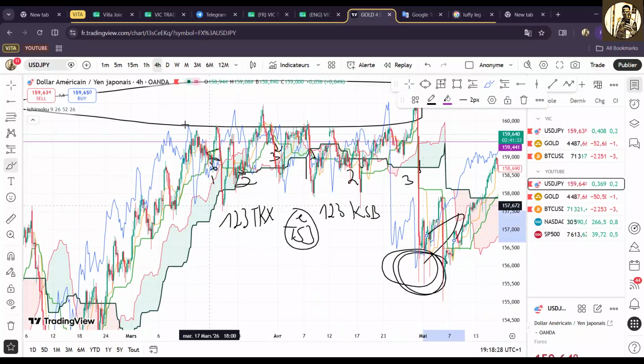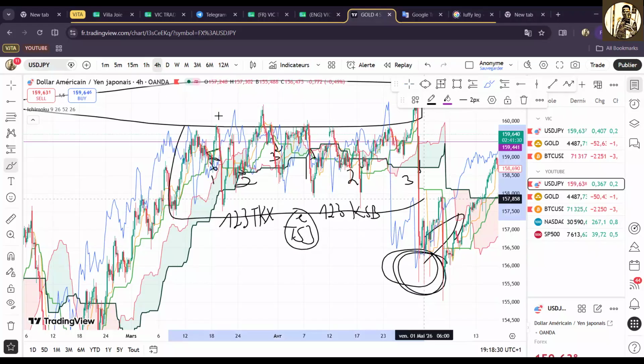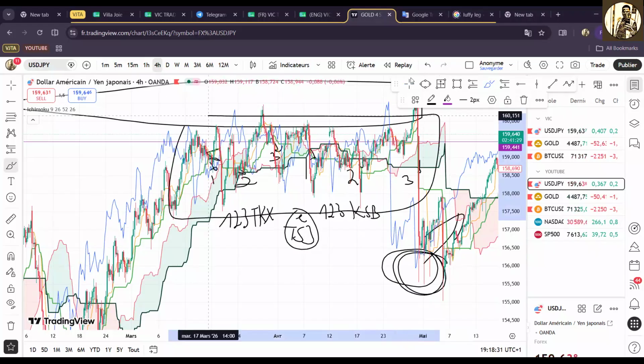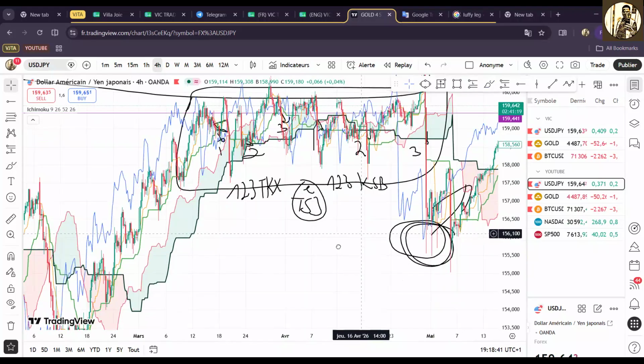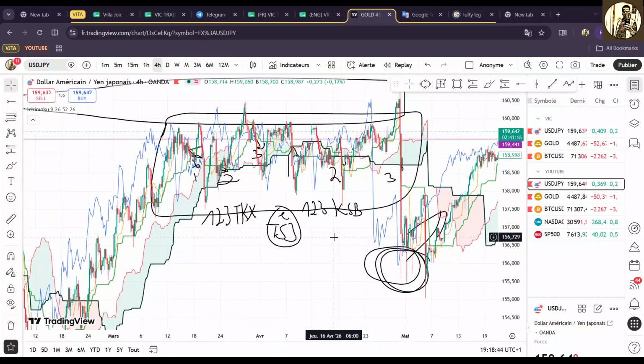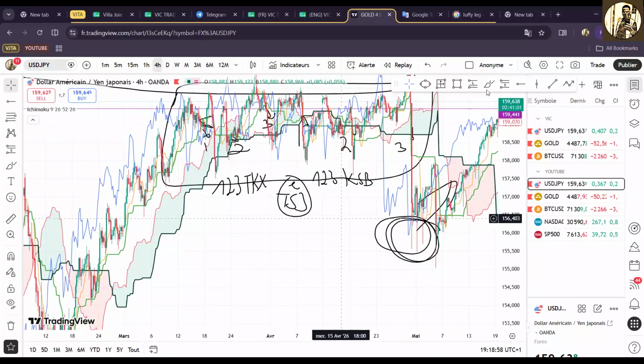So during this period people call it manipulation, but I don't call it manipulation. I just call it 1, 2, 3 TK cross KSB, because it is what I actually give you as a hyper elite instruction. To be a hyper elite trader is just to have the ability to read the chart like a 5-year-old, a 10-year-old, and read colors, read lines, like in mathematics topology.